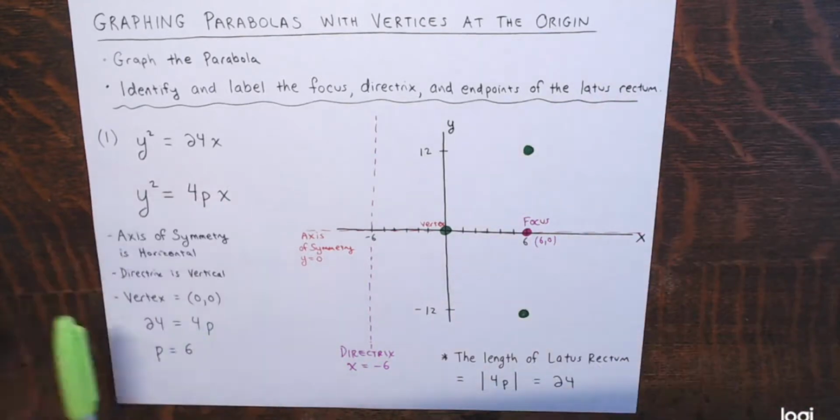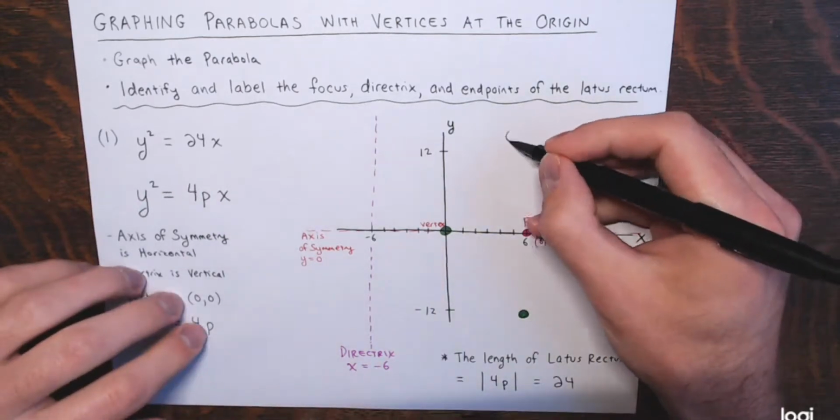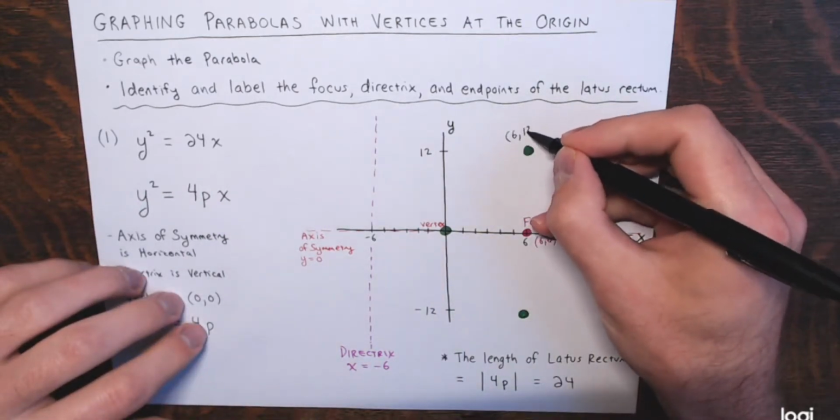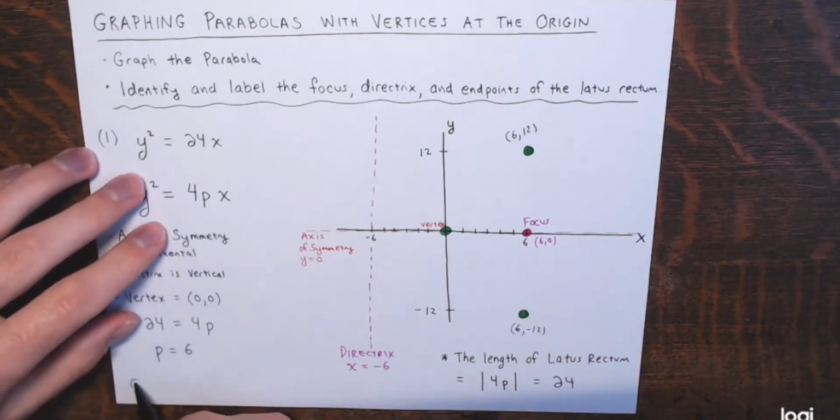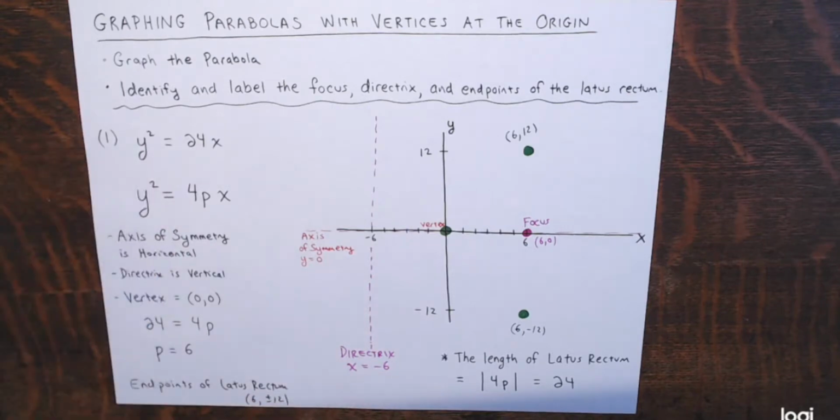I'll label these coordinates: here's (6, 12), and here's (6, -12). These are the endpoints of the latus rectum, 6 and then plus or minus 12. And I'll dot that in as well.